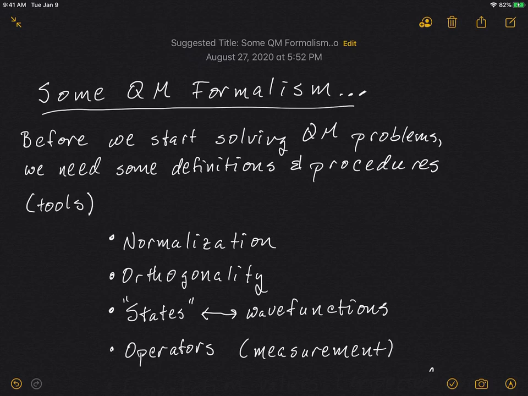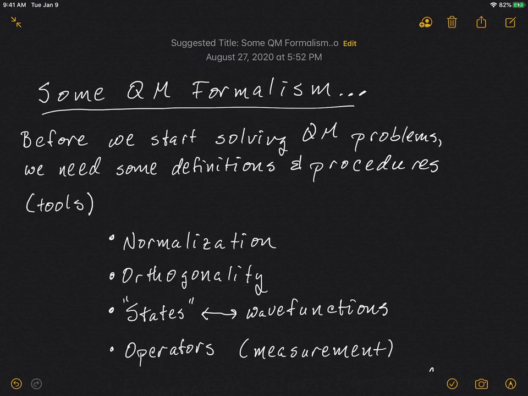So we may have to circle back and take another look at these concepts as we go, which is fine. So we're going to run through these fairly quickly just to introduce the concepts, and then we'll use them and talk about them in more detail later.